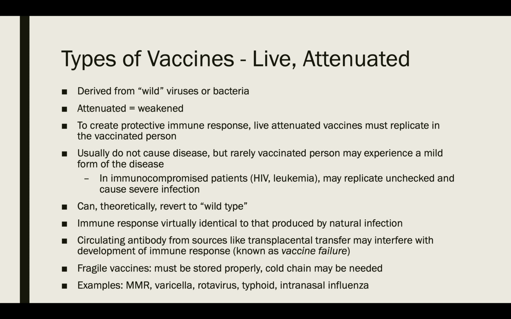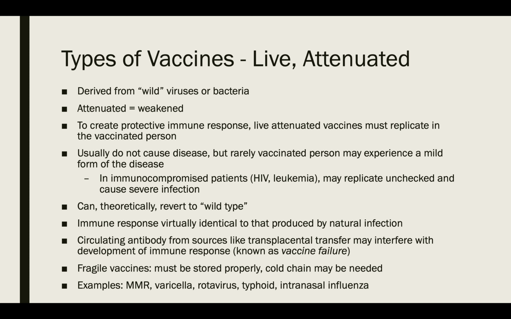So going through this again, speaking of natural infections, live attenuated vaccines cause a virtually identical immune response to that produced by a natural infection. And that's a really good thing, because we know then that it's going to be the right type of immune response. There are some issues with them.